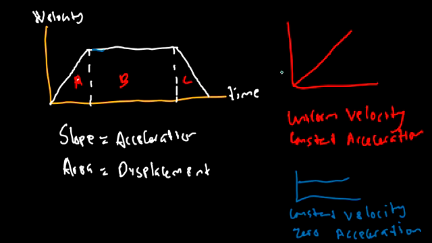Now, we can see that in this part, velocity is decreasing uniformly. So what are we going to have in this place where velocity is decreasing uniformly?